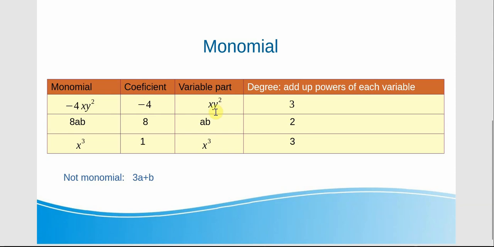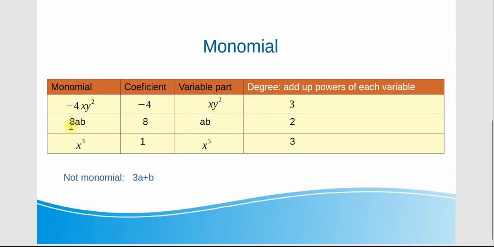The variable part is x y squared, and to find the degree of a monomial, we just add up the powers of each of the variables. So this has 2 variables, x and y, the power of x is 1, the power of y is 2, so we have 1 plus 2, which gives us 3.